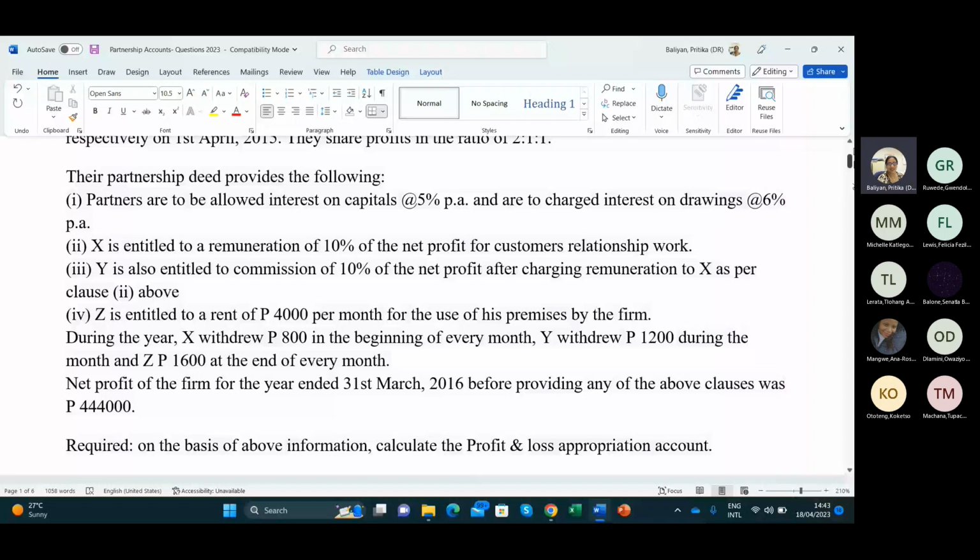Because the date is not mentioned, we can just consider it as during the month, so it's 12 months. So the total amount he withdrew is 14,400.